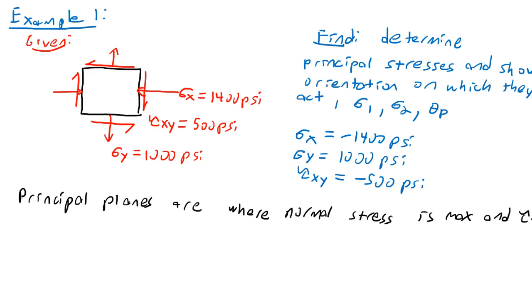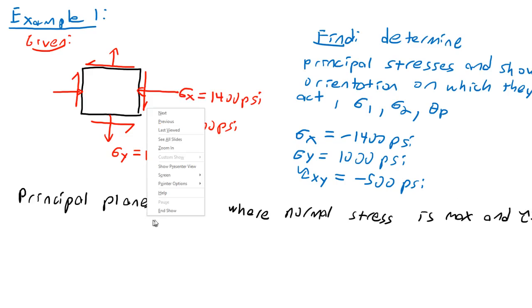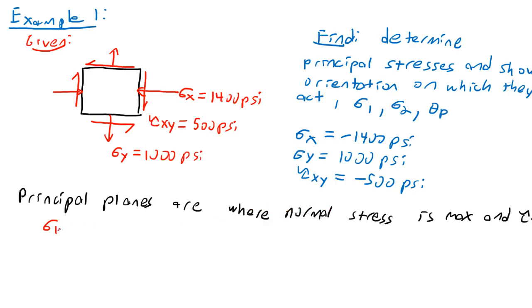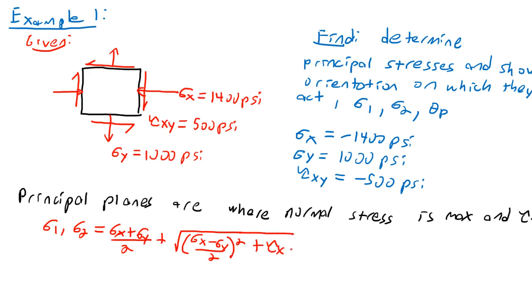So we're going to use this formula here: sigma 1, sigma 2 equals sigma x plus sigma y over 2, and this problem is just plug and chug, plus the square root of sigma x minus sigma y over 2 squared plus tau xy squared.